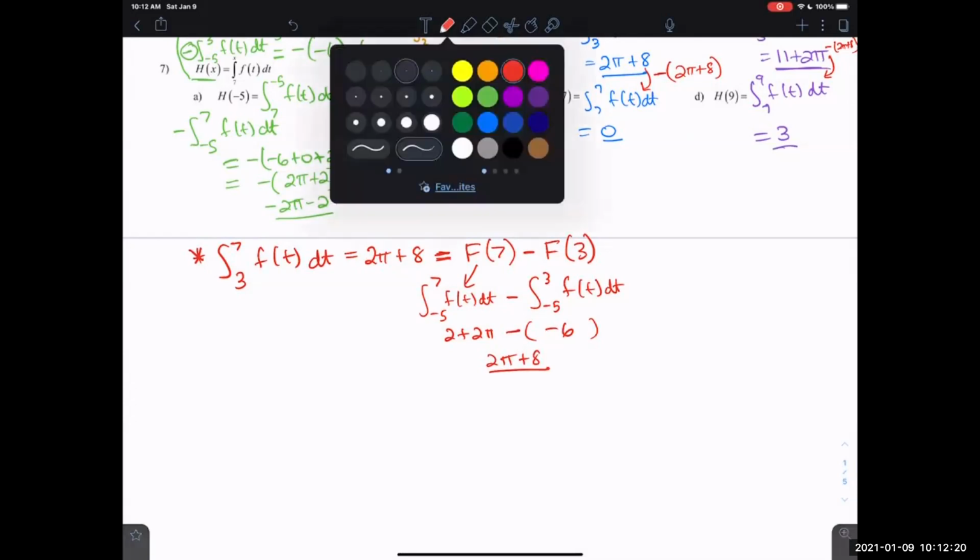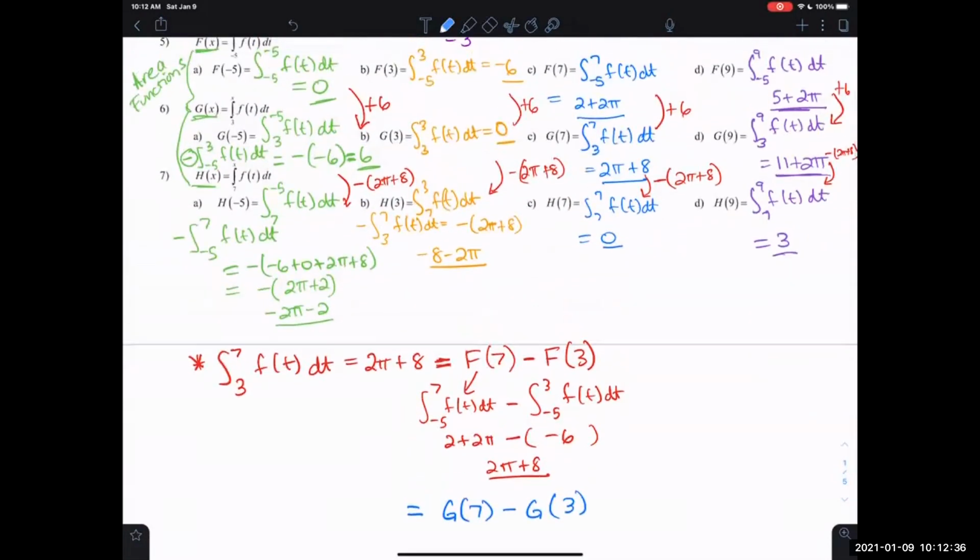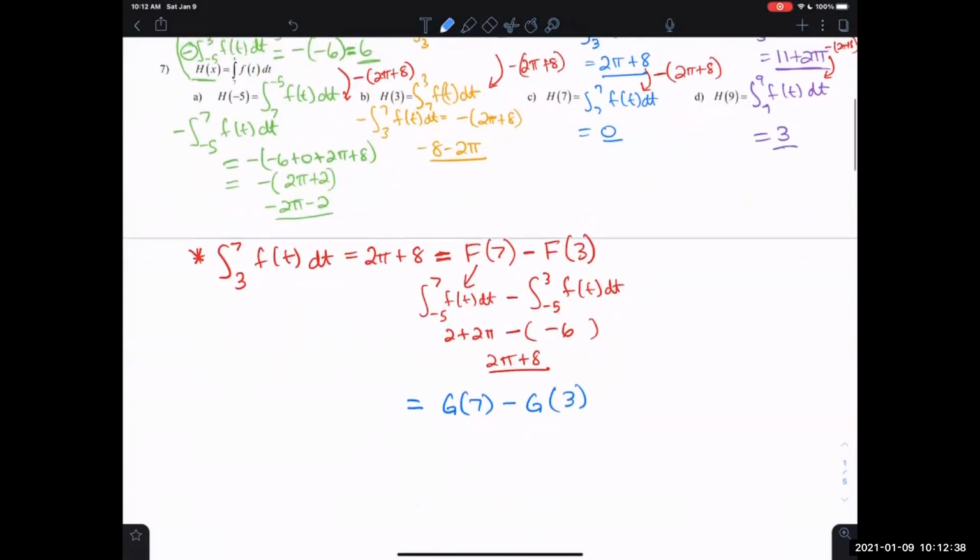So let's say it's equal to capital G of 7 minus capital G of 3. My antiderivative of the function f of t dt, G always started at 3. So from 3 to 7, and from 3 to 3.